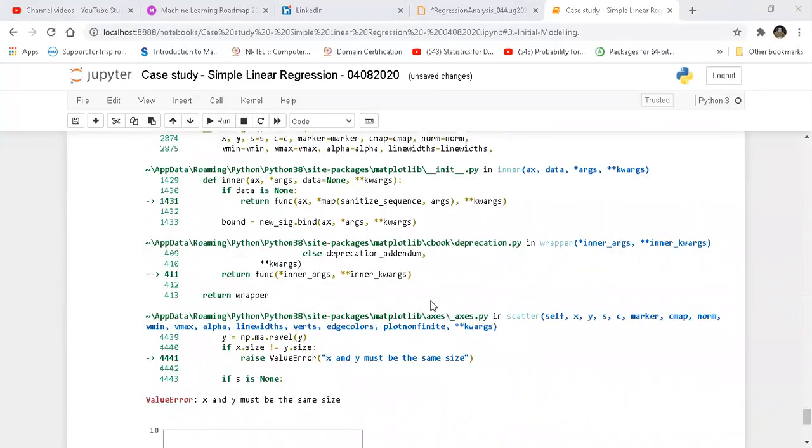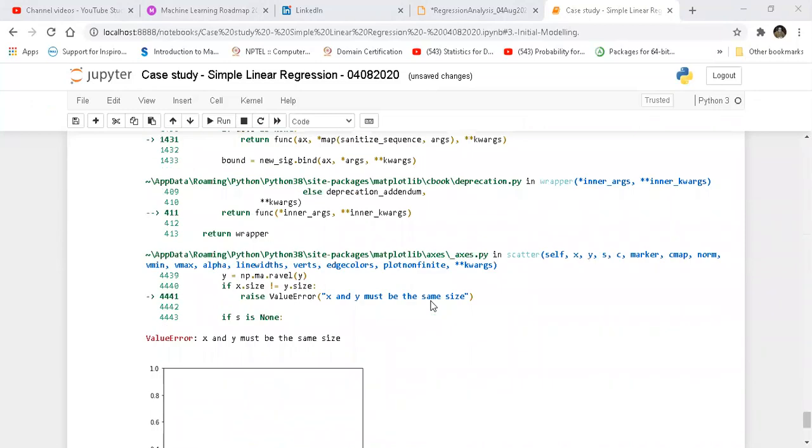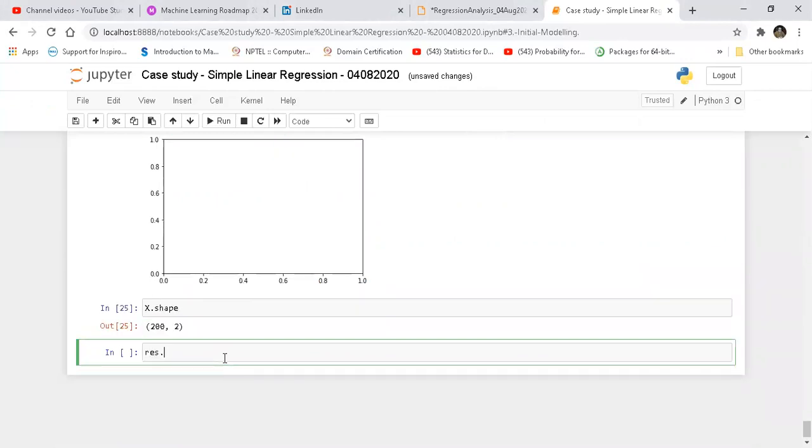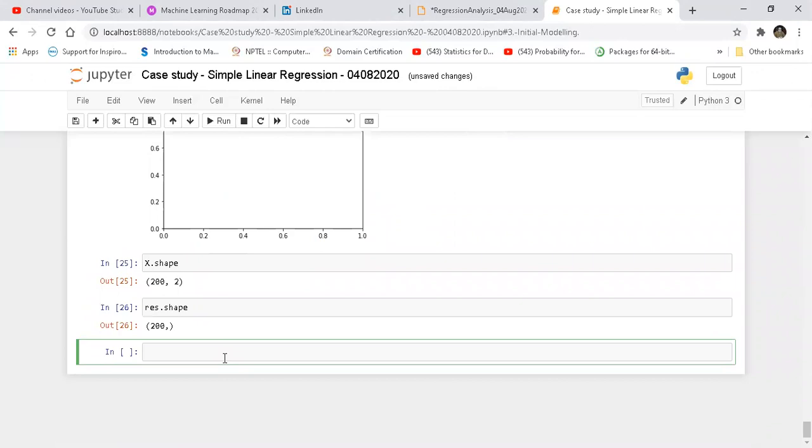Let me see. X and Y should be of the same size. Okay, let me see X.shape and this.shape. That should not be a problem.